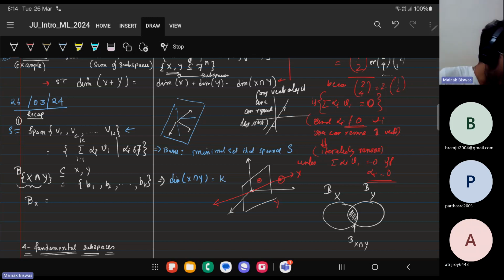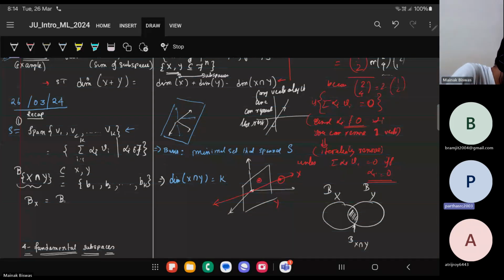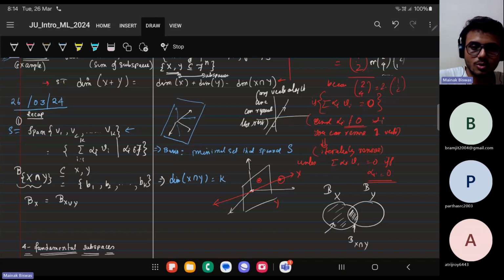Now, Partho, tell me, what will I do to get the basis vectors of X? I'll take a minimal independent vector set which will span X, so that I want to add on to the intersection set. The intersection set is already doing some spanning, right?